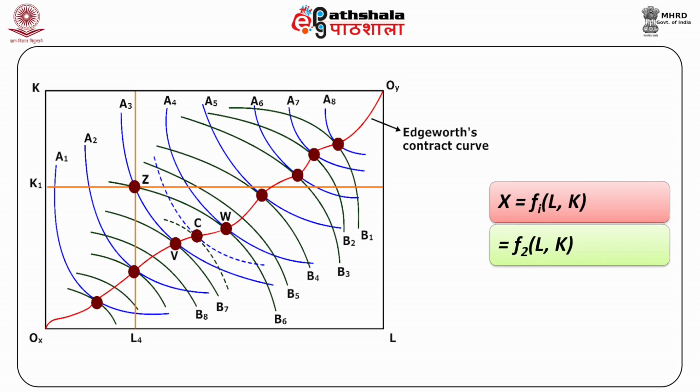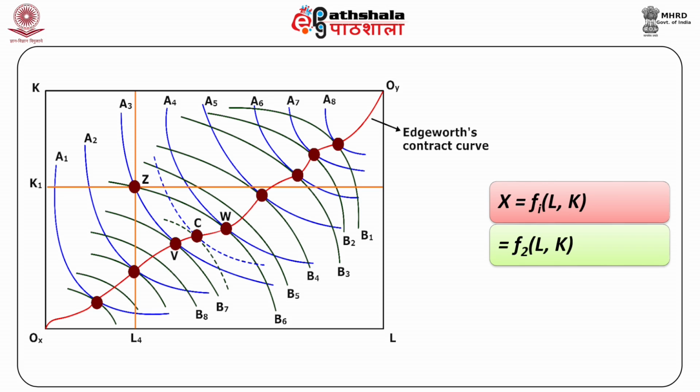Therefore, we have two sets of isoquants which are opposing each other. Now, all of this put together brings you to a figure which shows a crisscrossing of the isoquants pertaining to X and Y respectively.